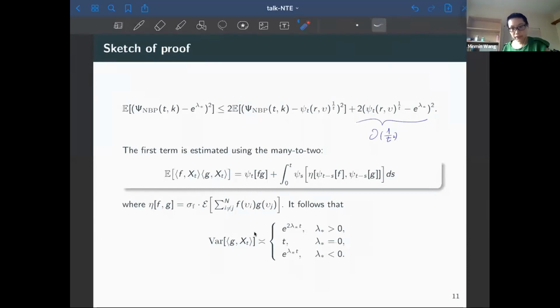From that, very quickly you can get an estimate on the variance of this empirical measure, which has different rates depending on the values of lambda star. Okay, so this is the convergence rate.